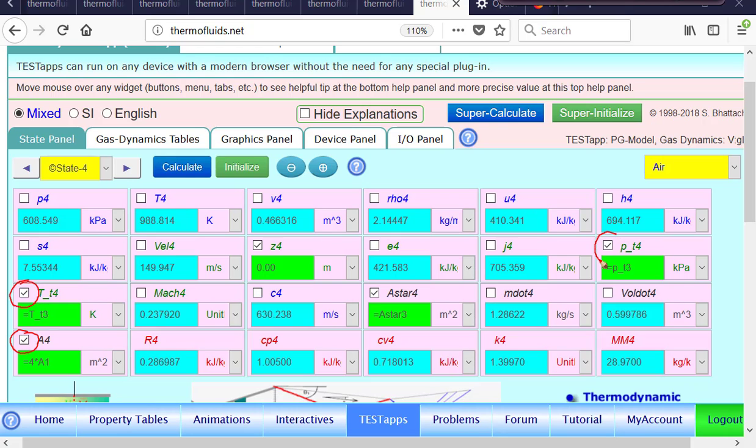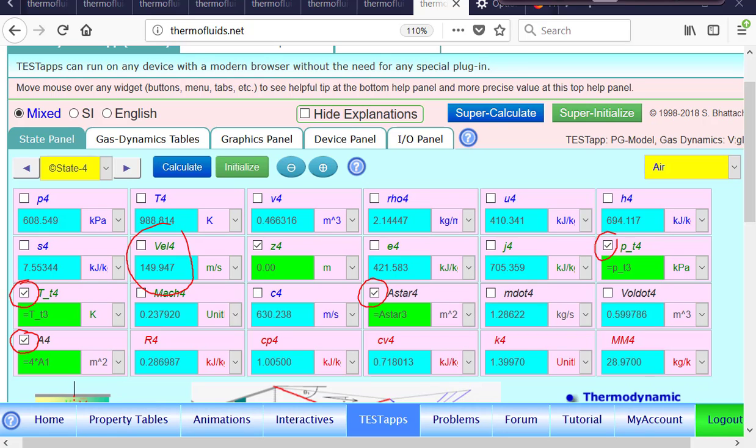But total pressure is set to PT3, the state after the shock, because the flow is isentropic from the state after the shock until the exit. Similarly, A star 4 must be equal to A star 3. So this is just an isentropic solution from state 3 to 4, and that produces the final velocity of 149 meters per second.